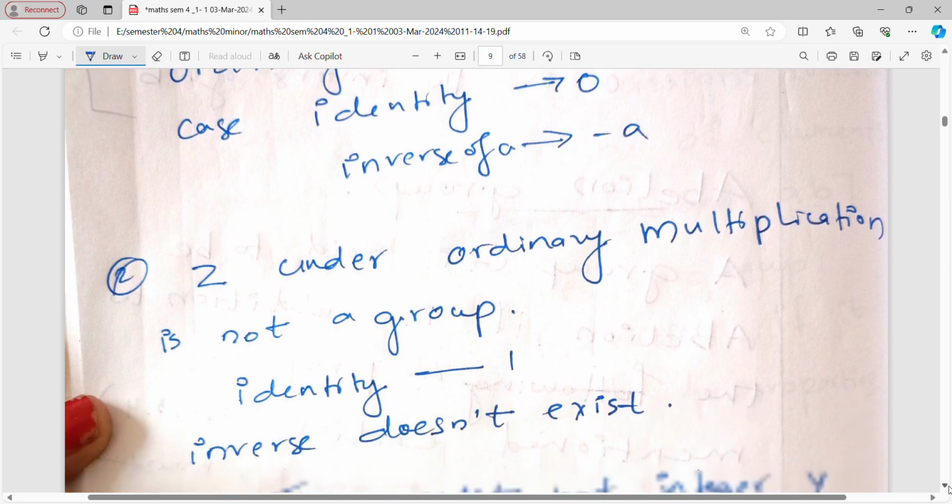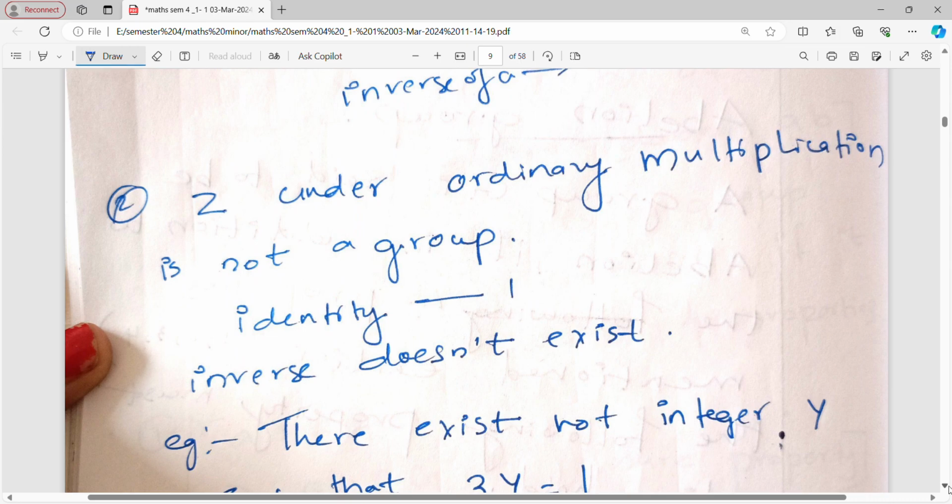Now the second example is that Z, set of all integers under ordinary multiplication, is not a group. Identity is 1, fine, but there does not exist any inverse, because according to us the inverse is such that the number A into A inverse must give identity.